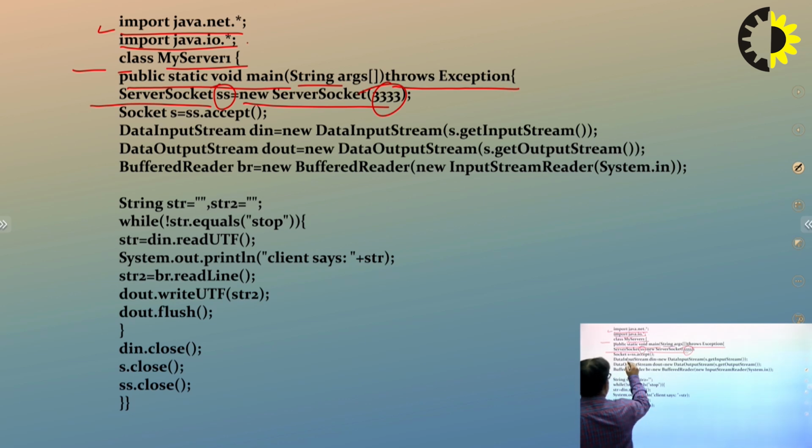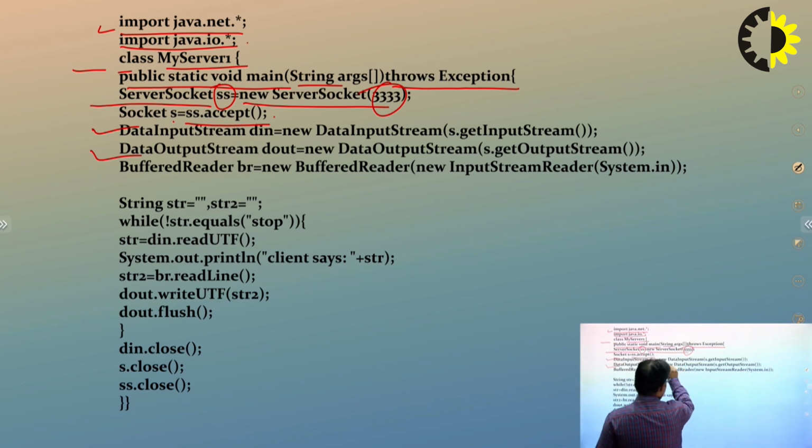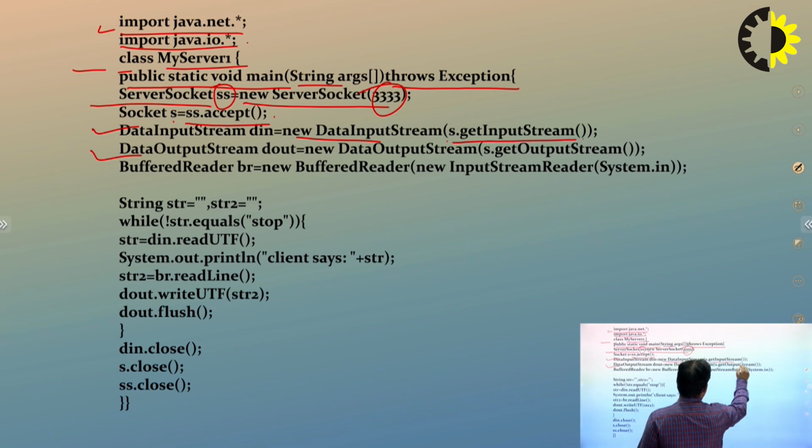Then Socket s equals ss.accept, using the accept function. Then also use DataInputStream and DataOutputStream, calling s.getInputStream and s.getOutputStream.